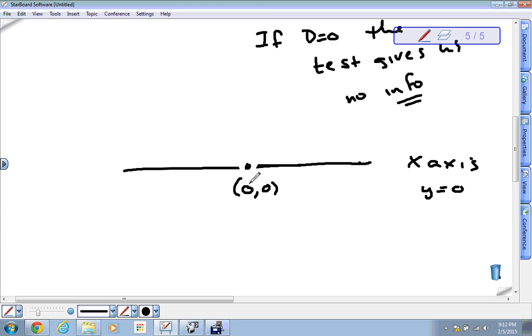Okay, there's that point. Now, as you approach it from this direction, anywhere along here, the z is equal to 5. That is, it's neither increasing nor decreasing. And the same thing is true coming from this direction. So it clearly can't be a maximum because it's not changing. It clearly can't be a minimum because it's not changing.